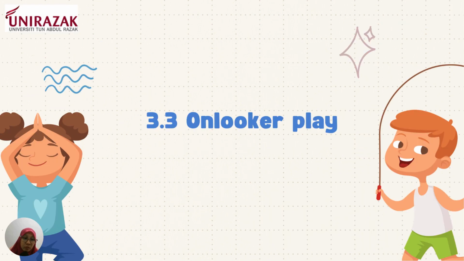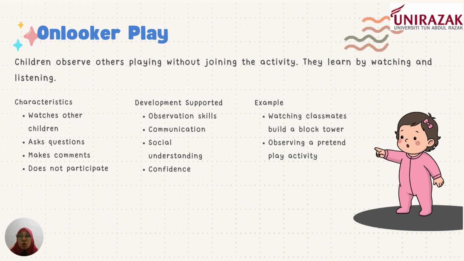Moving on to onlooker play. Onlooker play happens when children watch other kids play without actually joining in that play. In this stage, they learn by watching and listening to what's happening around them. So what happens during this onlooker stage?